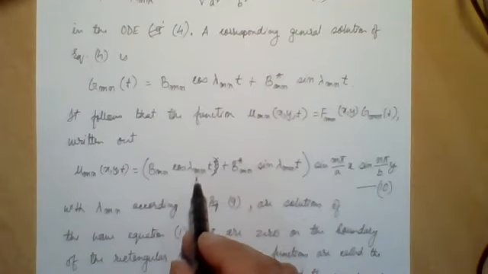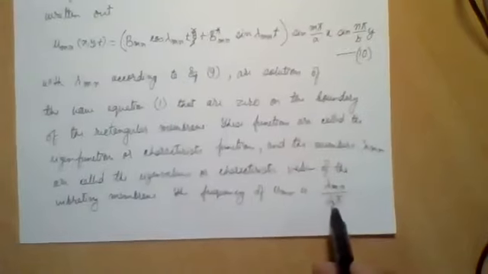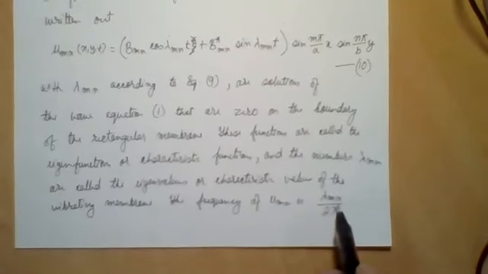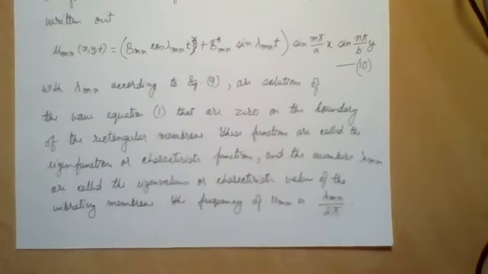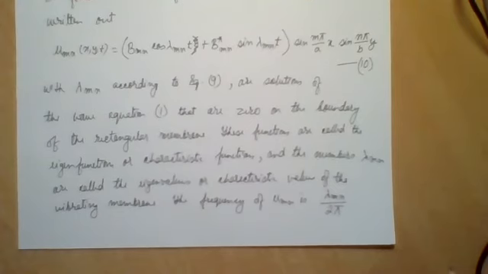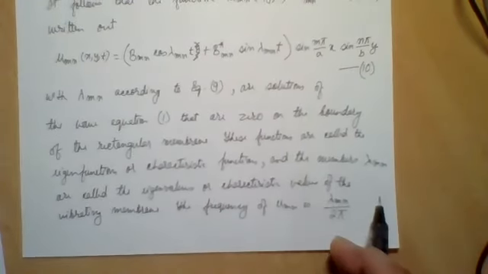So if you want to find the frequency, you divide omega by twice pi. Here lambda serves the function of omega. So the frequency of oscillation is lambda mn by twice pi. For different values of m and n, we can get different values of the frequency of oscillation of the rectangular membrane.